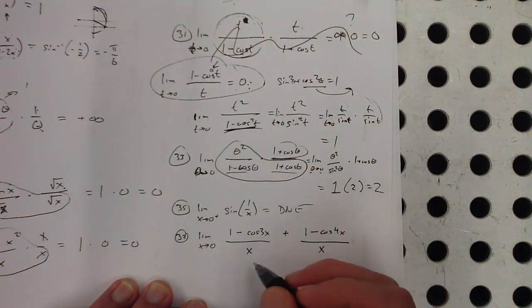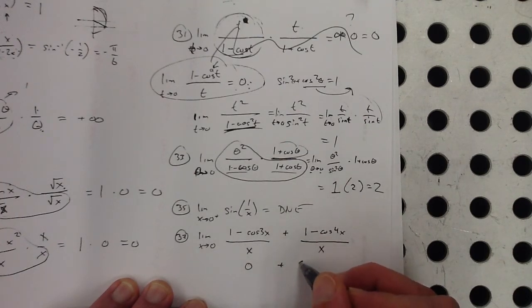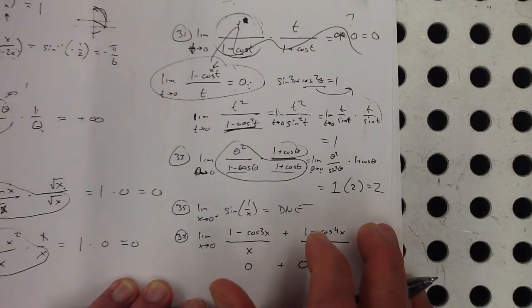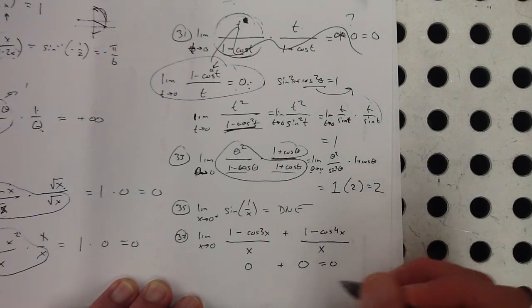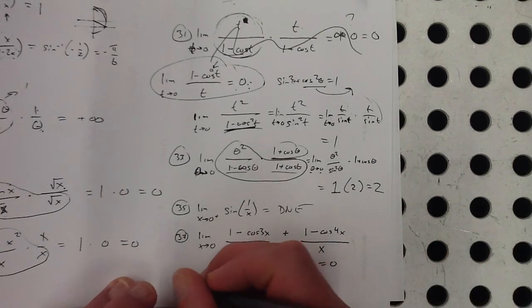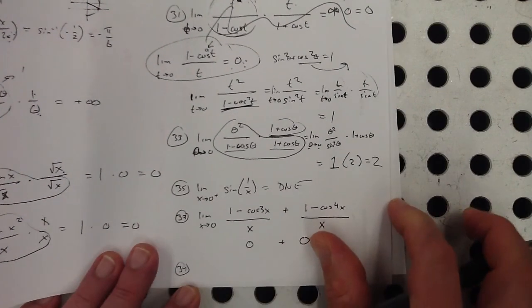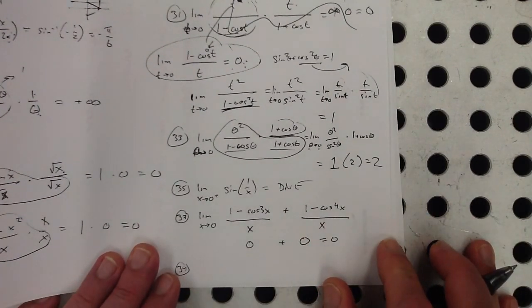So this is equal to 0 plus 0, and 0 plus 0 is equal to 0. That's that.